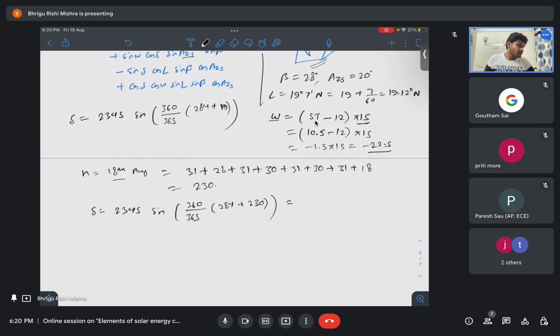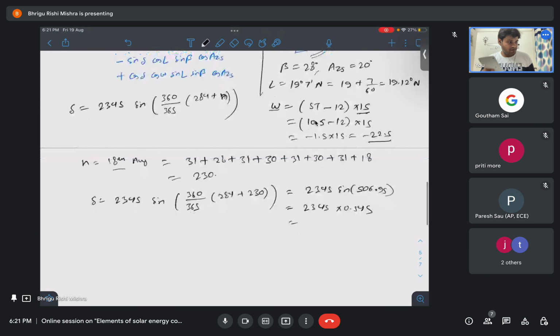Using the calculator, it is 23.45 sine of 506.95, and if we calculate this, it comes around 12.7858, which we can consider 12.79 degree.